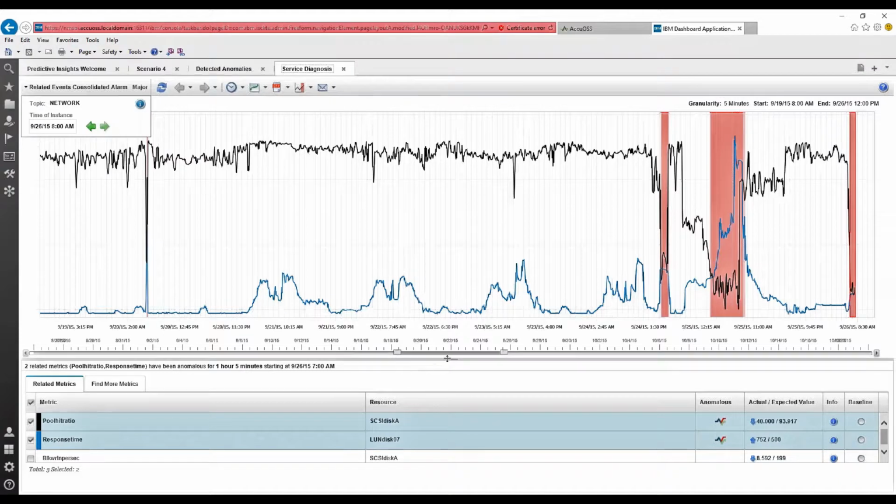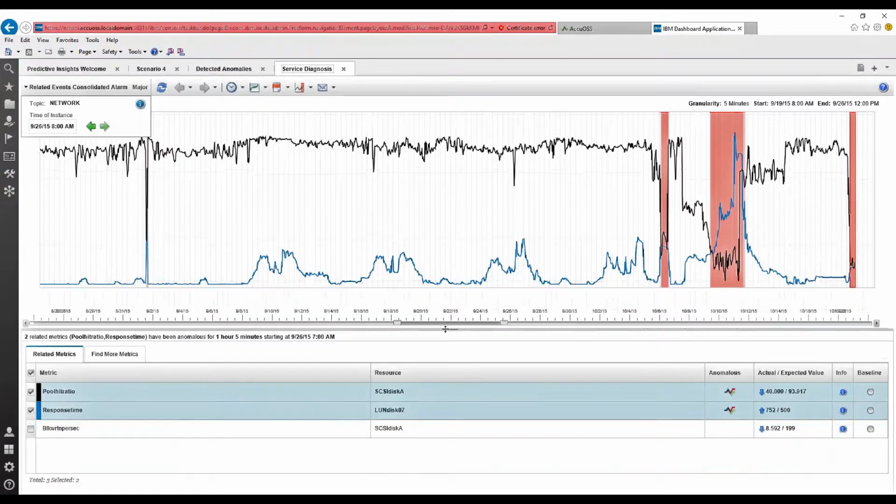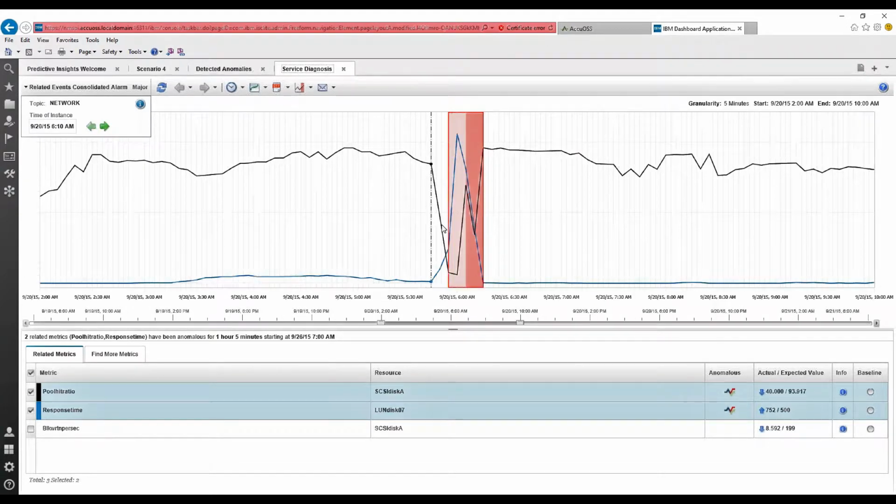And so what we have here is a SAN where we've got two resources, the SCSI disk A and this LUN disk 7. One is getting a pull hit ratio degradation, and one is getting a response time anomaly, both at the same time. The system has determined over their pattern of life that these things have some type of interesting relationship, because as you can see here, every time one goes down, the other one goes up.